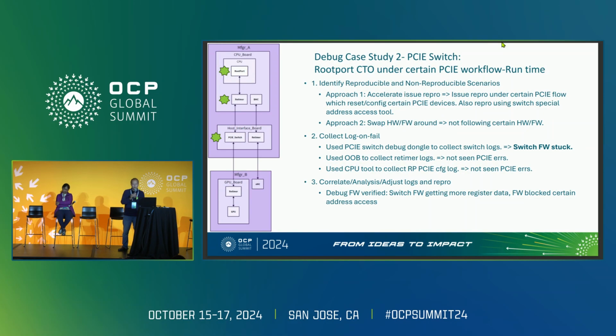The second case was also a PCIe related problem. In our data center, we see the PCIe switch run into a completion timeout problem. It only happened with our data center PCIe workflow, involving device resets and also some tools with special PCIe switch address access.